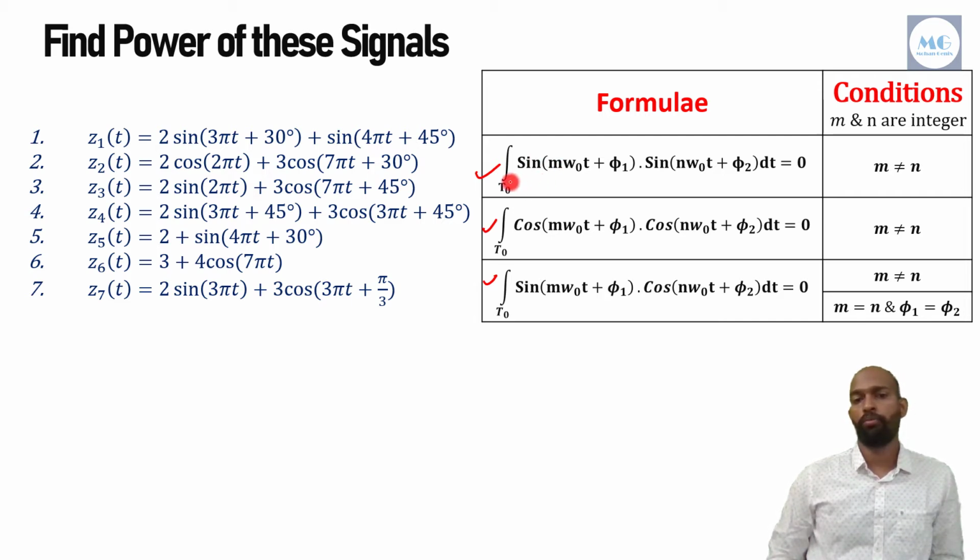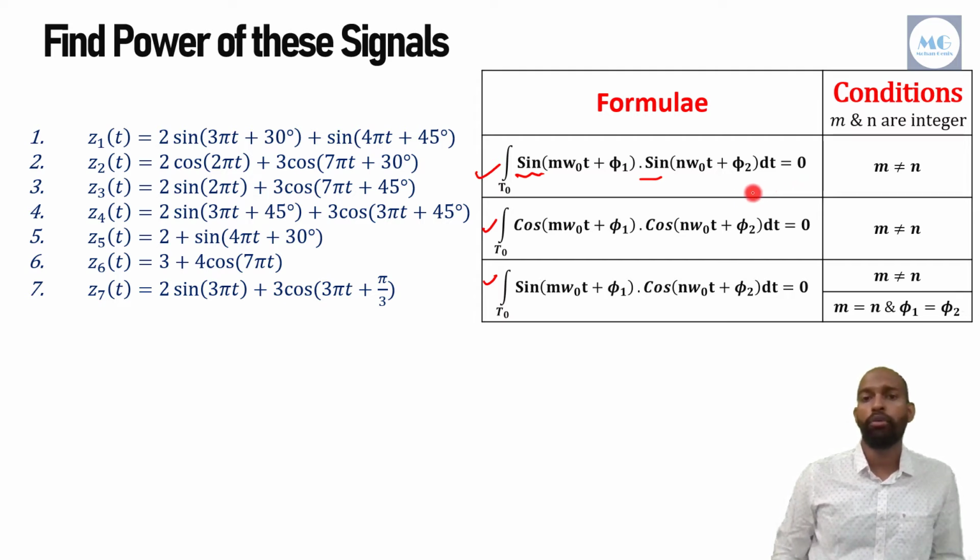In our first formula, the integration of sine(m omega naught t plus phi 1) into sine(n omega naught t plus phi 2) dt is equal to 0. You can see that in this formula both the functions are sine. And what are the conditions? m is not equal to n, and m and n are integers. So just take this formula as reference.